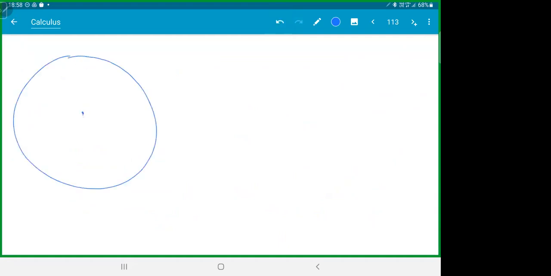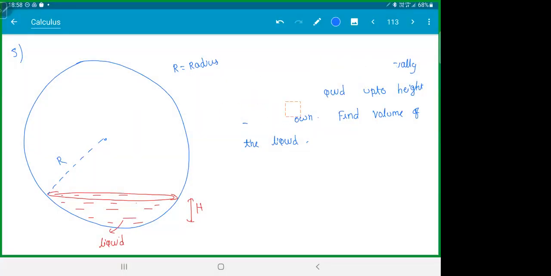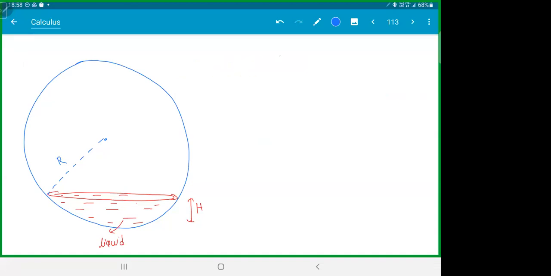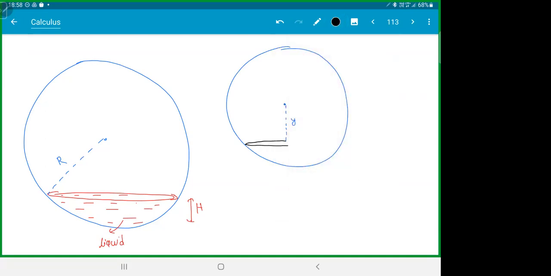So from here, at a depth y, let's choose a thin disk.